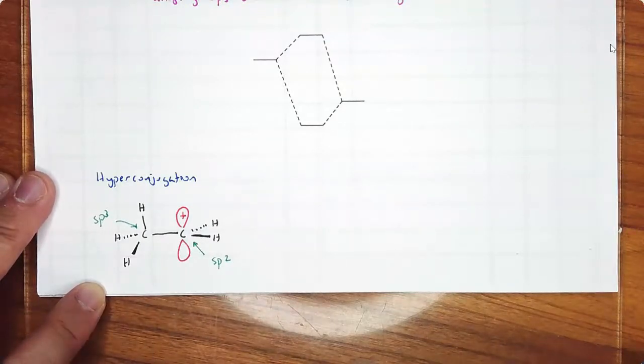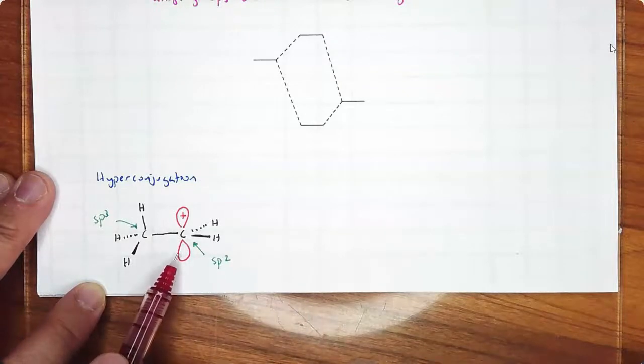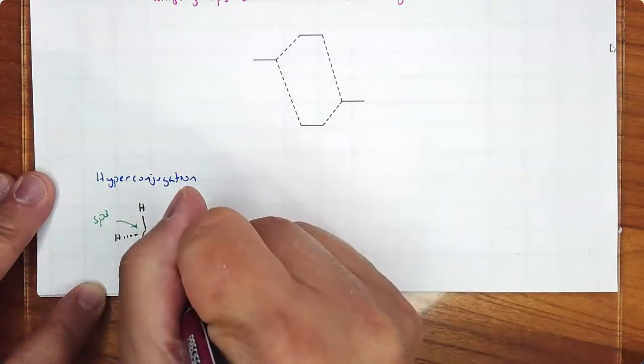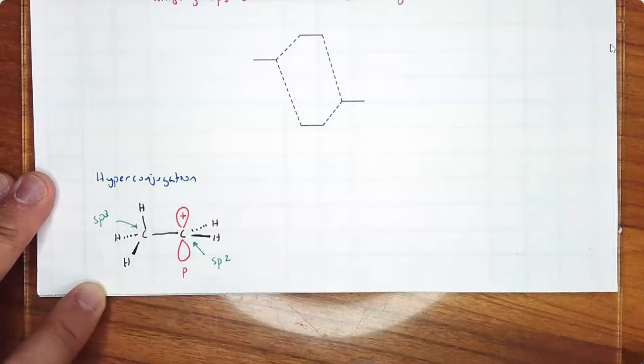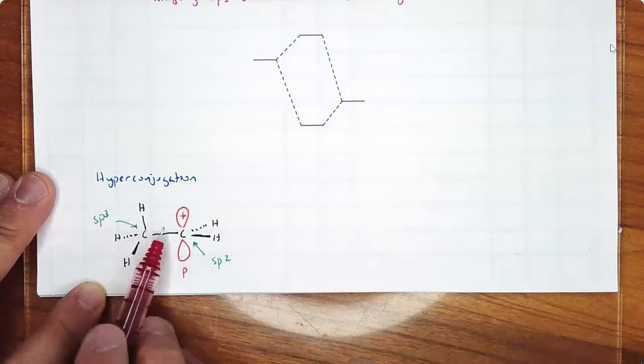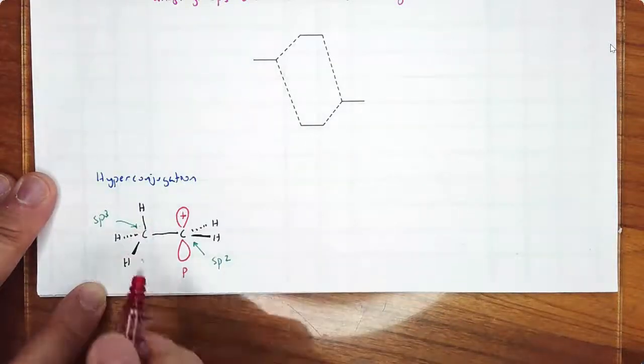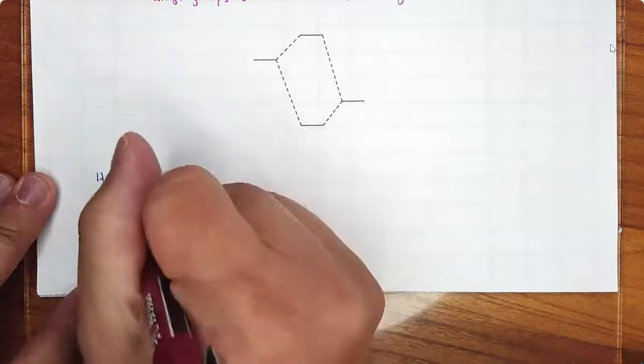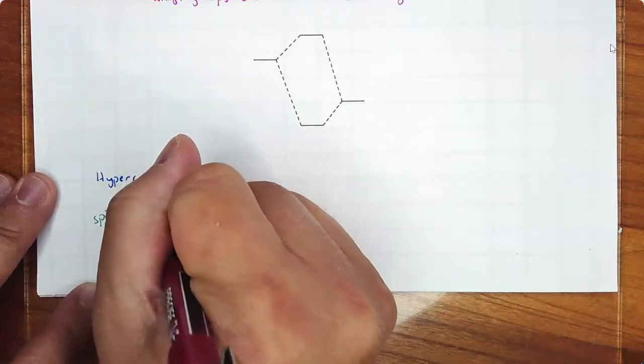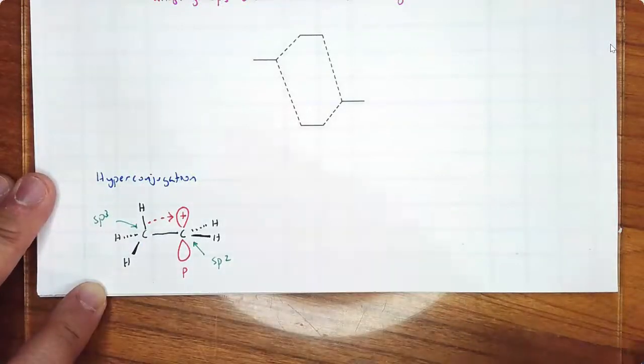Here I've represented the carbocation with just the empty p orbital with a plus charge, and due to the proximity of this sigma bond, we do get some sharing of the sigma electrons with this p orbital. There's some overlap, and we can indicate the overlap maybe with an arrow like that.